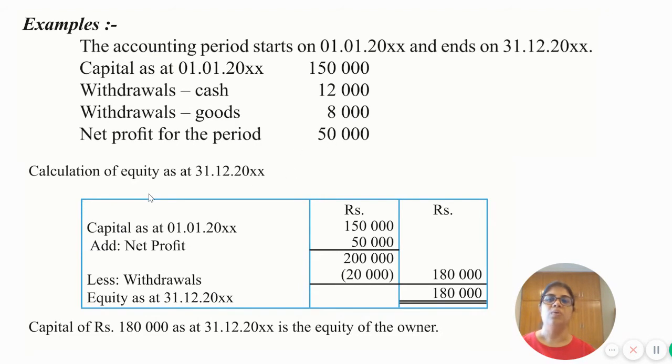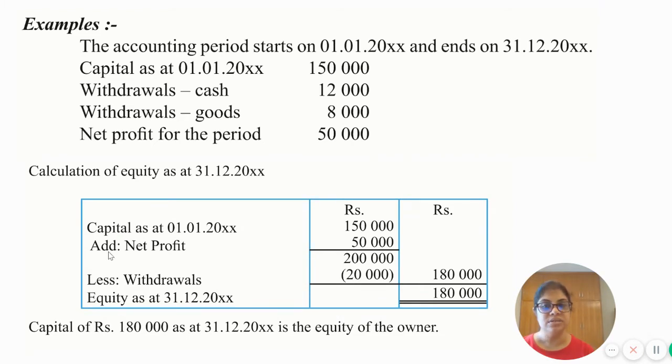Okay, let's see how they are going to calculate the equity of the business as at 31st December 2019. So they have given the opening equity and some transactions took place within the accounting period, which spans 12 months. And thereby, they want us to calculate the equity as at the end of the accounting period. So this is how you are going to calculate that. Always, the opening capital will be 150,000. The net profit, as we have discussed earlier, always increases the equity.